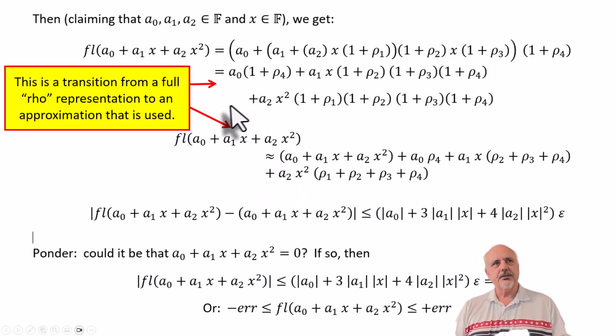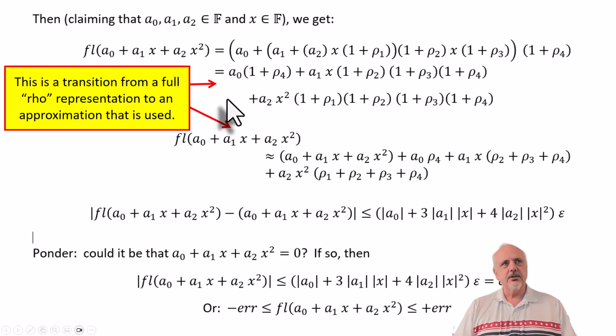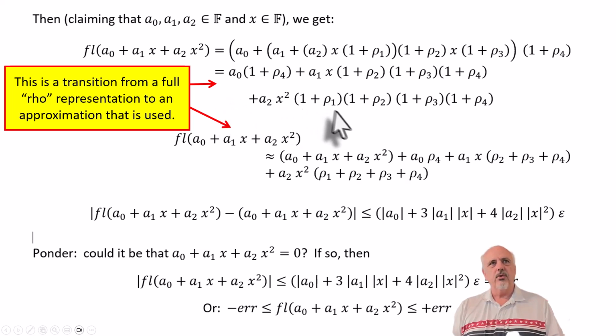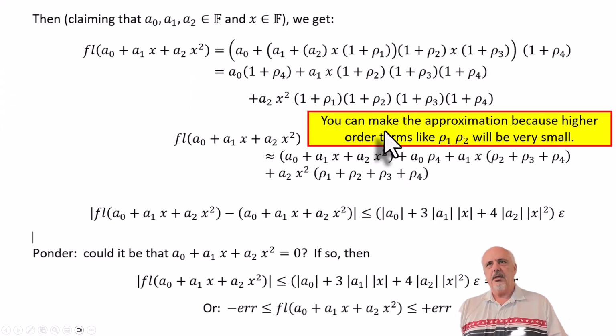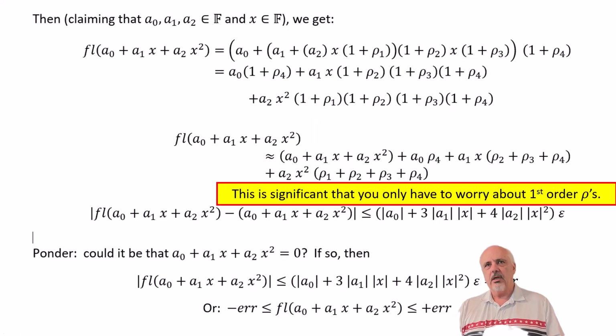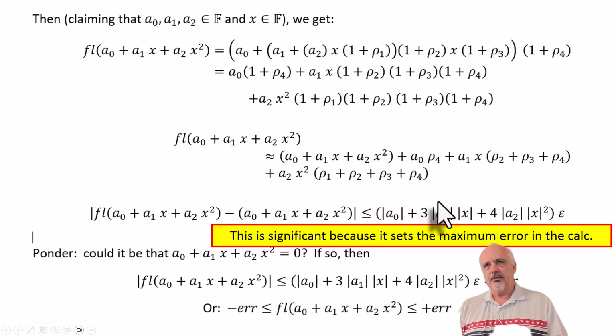All right, so this is a transition from the full row representation to the approximation. You can make this approximation because the higher order row 1, row 2s, etc. are going to be very small. This is significant, so now you only have to worry about the first order rows. And this is significant. It sets that maximum error in the calculation.